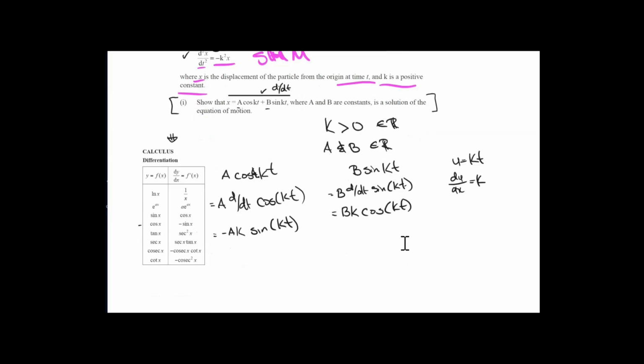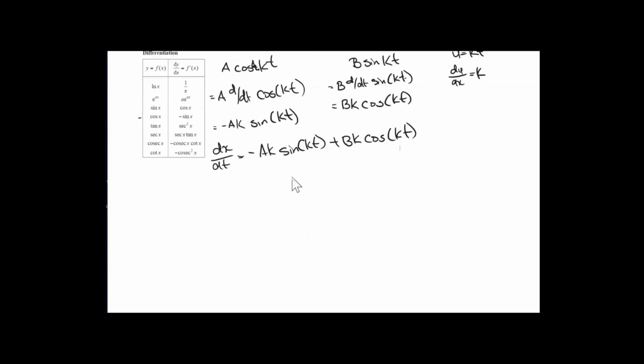Fantastic. So let's differentiate that twice. Therefore dx/dt is going to be negative ak sine of kt plus bk cosine of kt. Now we need to differentiate these again. So let's differentiate this thing separately from this thing.